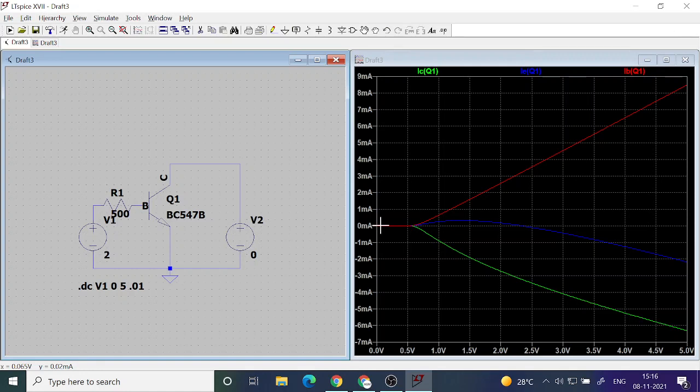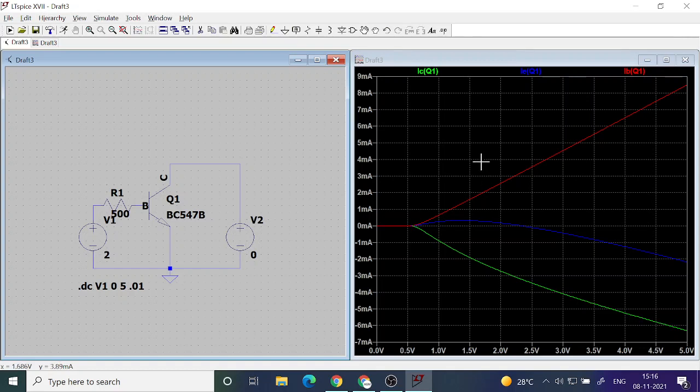So all the time for the transistor, one thing is to be sure, that the Kirchhoff current law should be valid. That means if some current is coming in, it has to go out. So if these currents are currents coming into the terminal, when you add them up, they should go to 0.